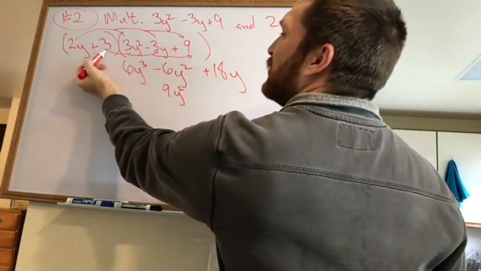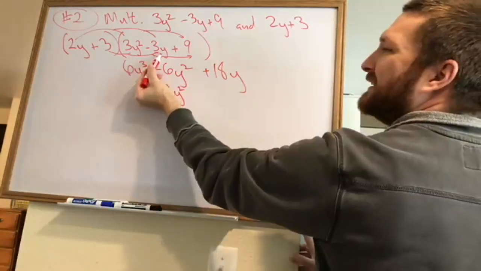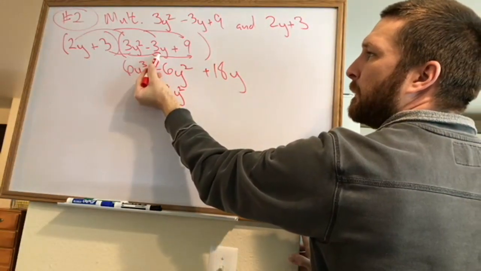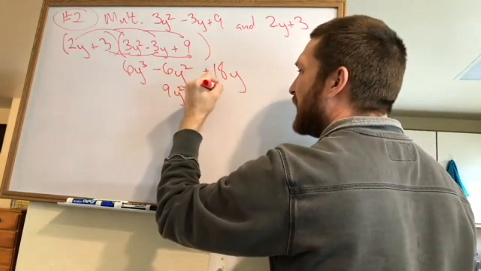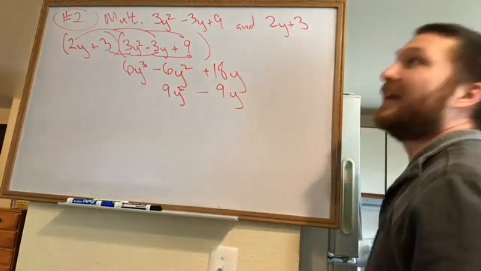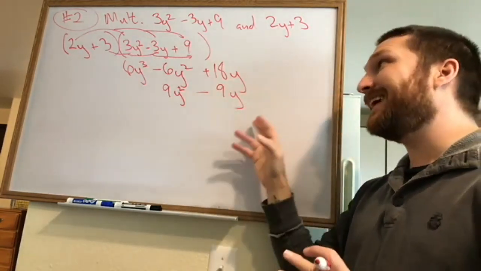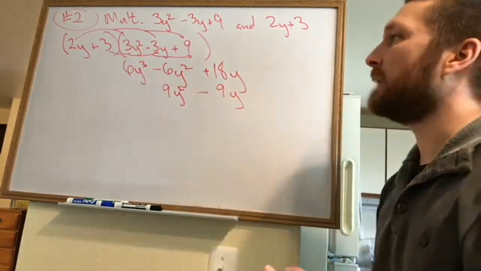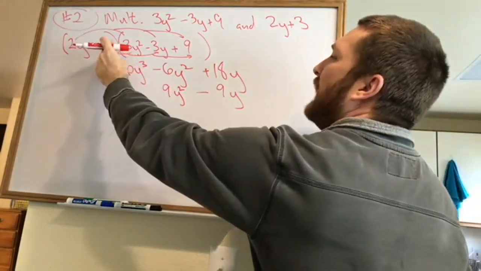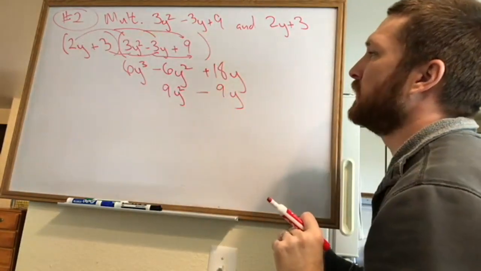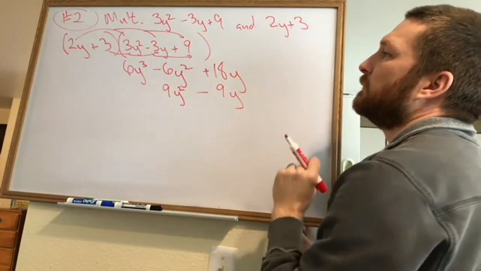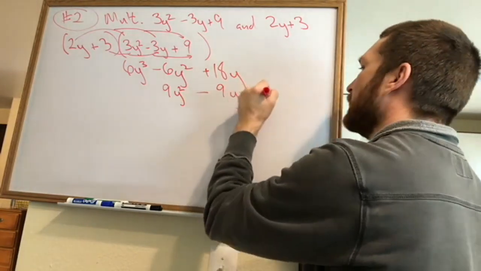Okay, so now I distribute over and get what? Minus 9y. Oh, and look, it's already in the right column. That's the great thing about having descending powers, because you could guarantee that the next thing is going to match up. Okay, so what's that last one? Plus 27. There we go.